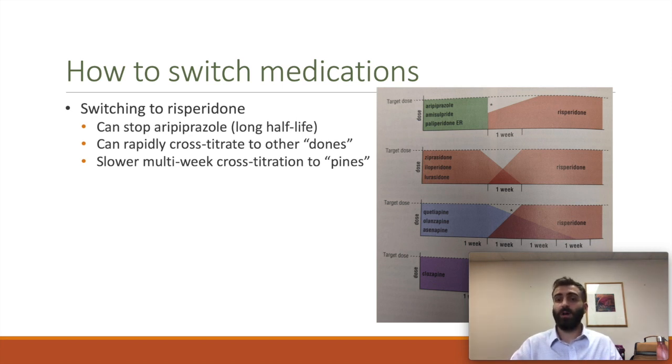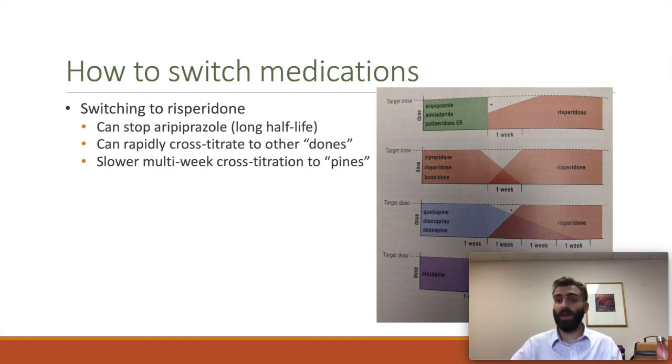Then with other -dones, so ziprasidone, lurasidone, they're similar structurally to risperidone, so you can do a 1-week cross titration, so relatively quick. And then with medications that are pretty different, so like quetiapine, clozapine, so the -pines in this case, you would do a longer cross titration.